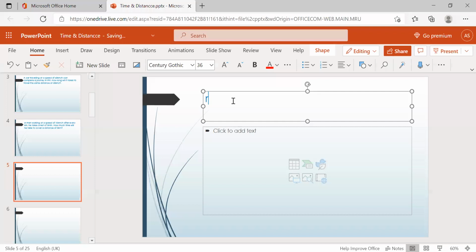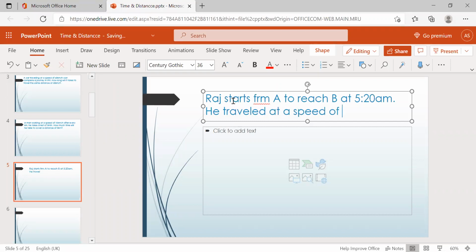Raj starts from city A to reach B at 5:20 AM. He traveled at a speed of 80 kilometers per hour for 4 hours 15 minutes.